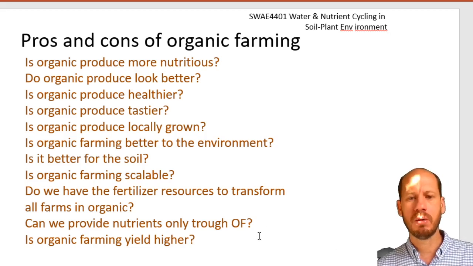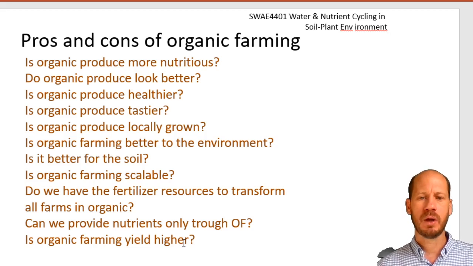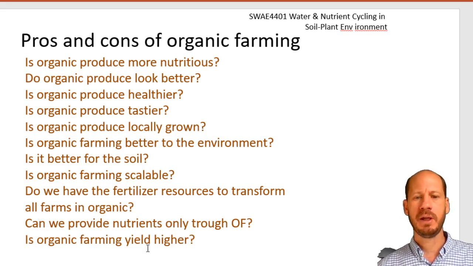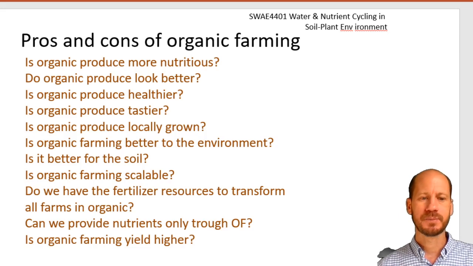So it's impossible to make the whole world organic, but yes, we can have a good fraction of the land occupied by organic farming. Are organic farming yields higher? That is usually a no, but in some cases it is yes.